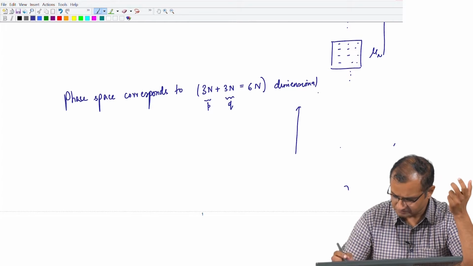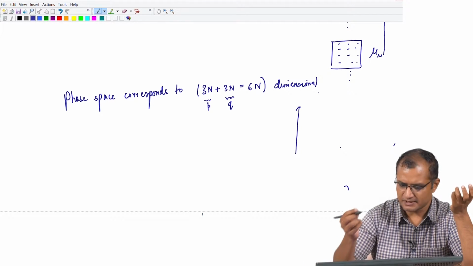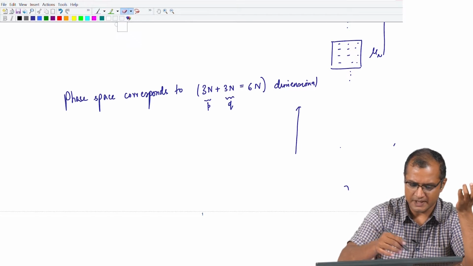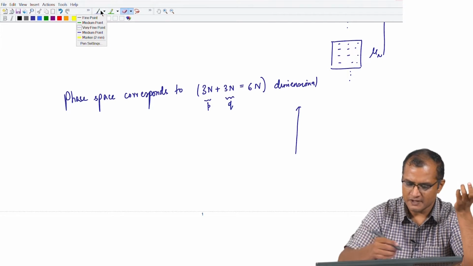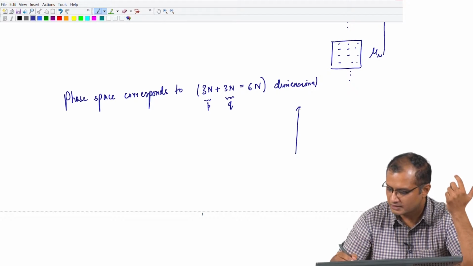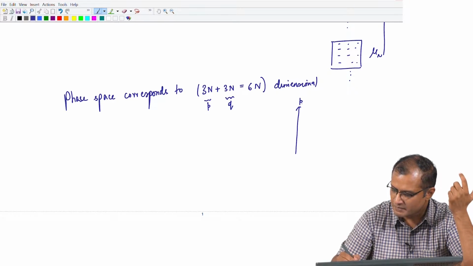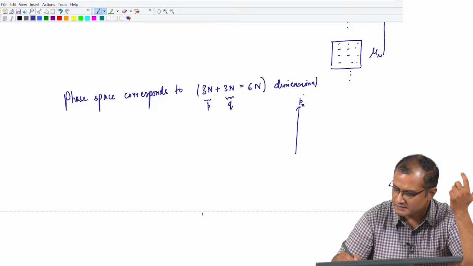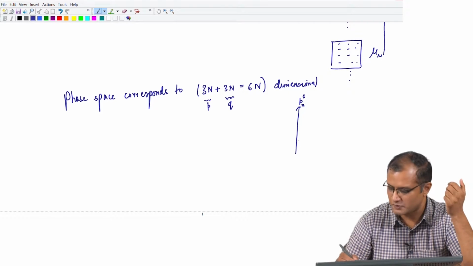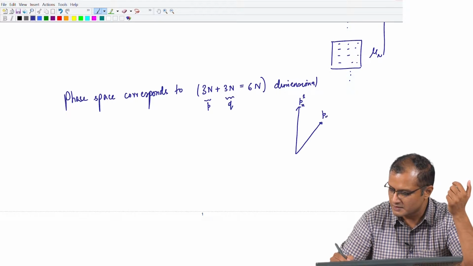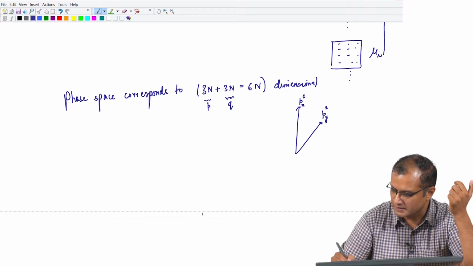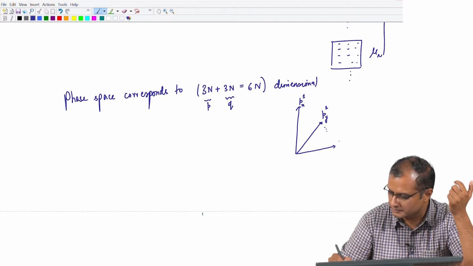It is hard to visualize this space, but you can think of 6N orthogonal axes. One of them could be px, the x component of momentum of the first particle, then you can take another coordinate as py of the first particle.